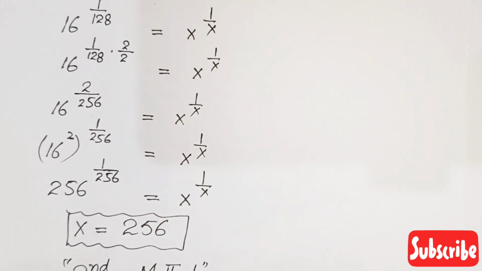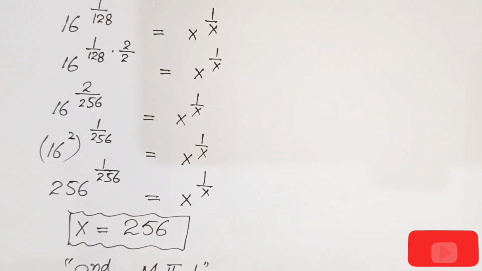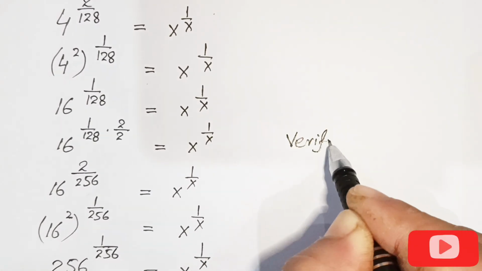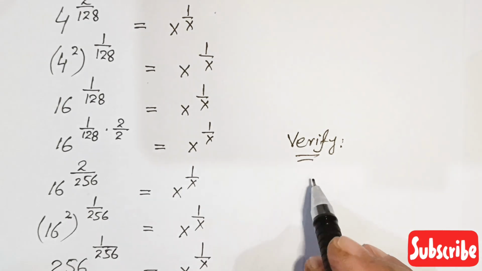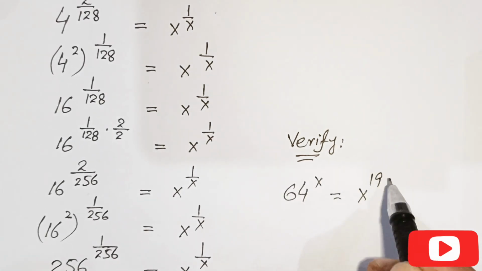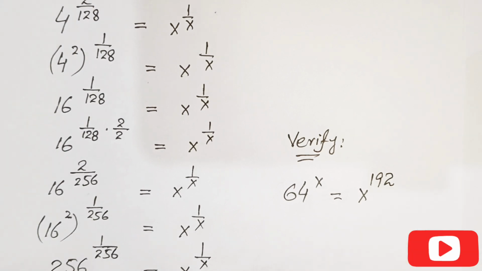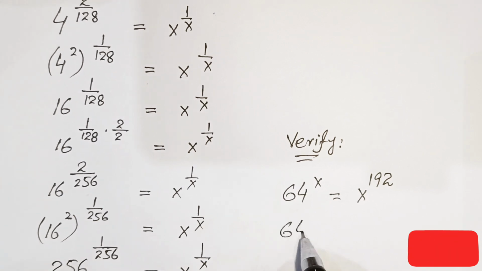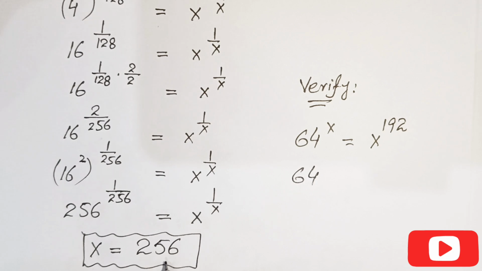So let us consider the value of x, which is 256. For verification we recall our problem, that is 64 to the power x is equal to x to the power 192. So we put in the value of x, which is 256.